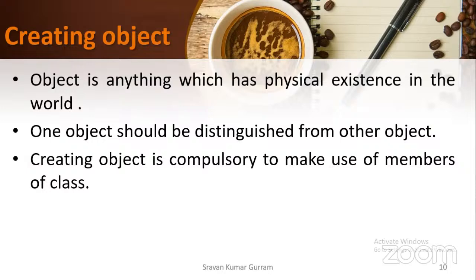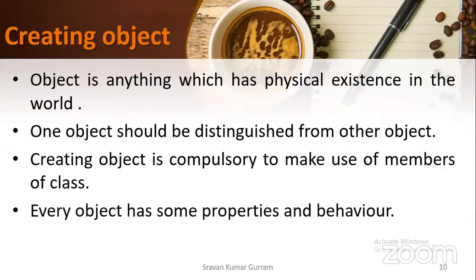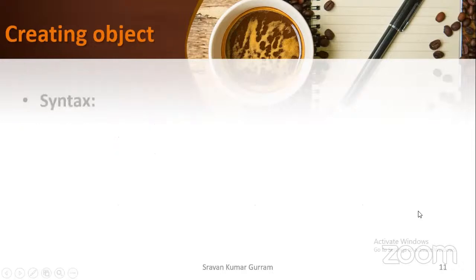So the point is, without creating the objects, you cannot use any variable or any method which is defined within that class. Every object has some properties and behavior. We covered this already, right?